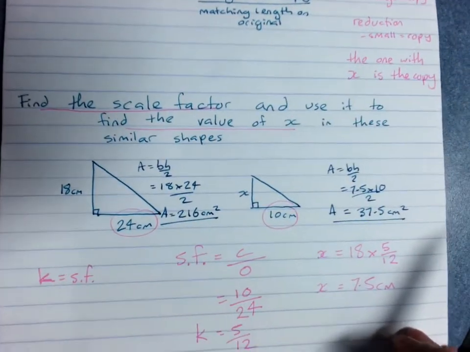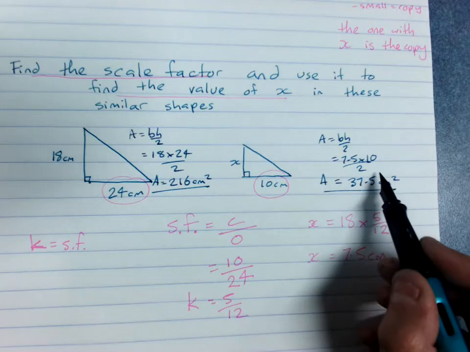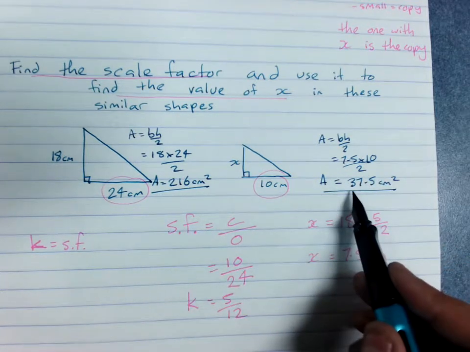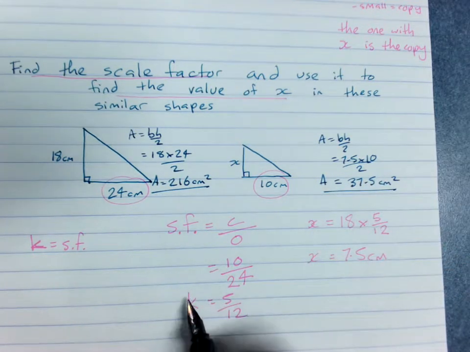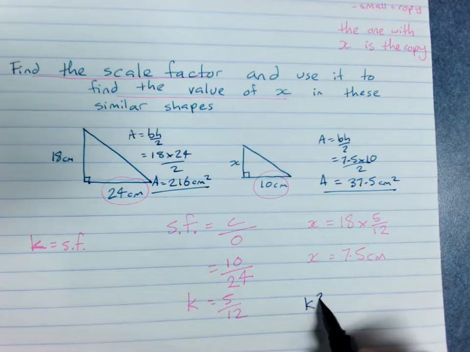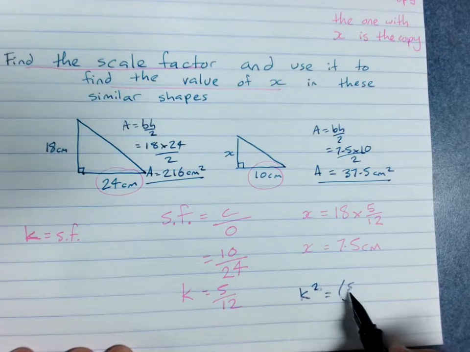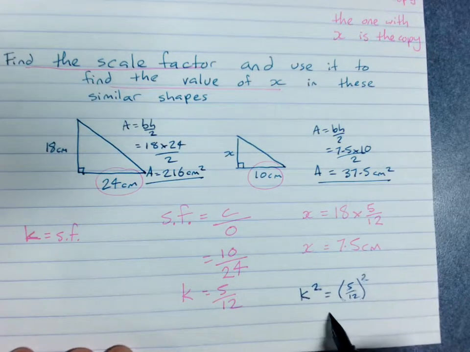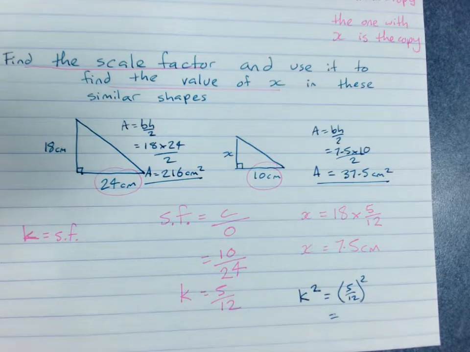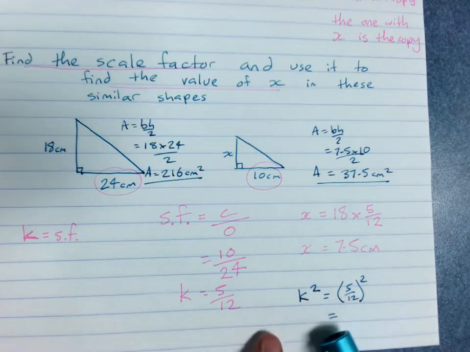If we checked on this one, can I get the area? If k is 5 over 12, then k squared, the area relationship, should be 5 over 12 squared. You'll often get asked to find the scale factor of area.